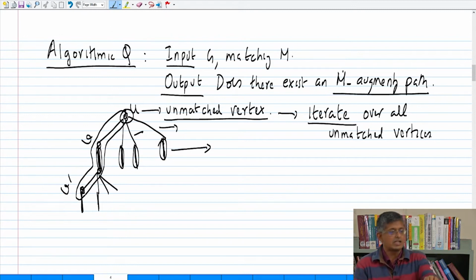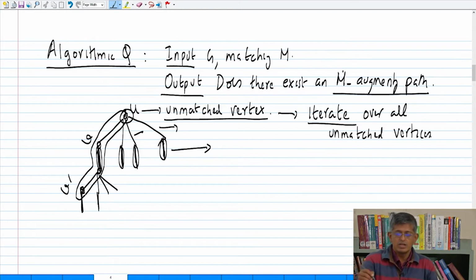What is the procedure? Start at an unmatched vertex, do this BFS kind of layered exploration. It will terminate either by finding an augmenting path, or you will conclude that this modified BFS exploration cannot lead to an M augmenting path, in which case you try the next unmatched vertex. If you fail for all unmatched vertices, then you say that I have not been able to find an M augmenting path for this particular matching.